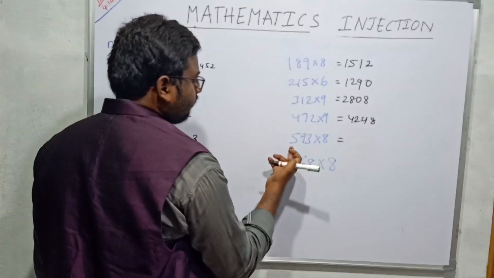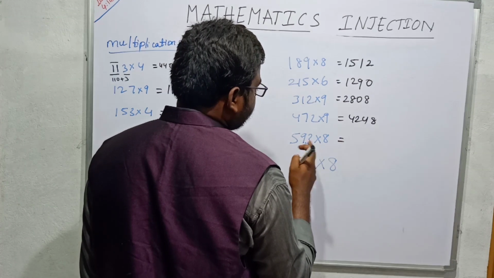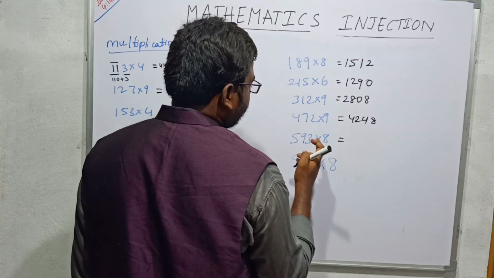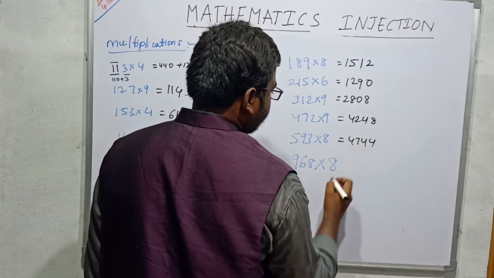So 8 5s are 40. 8 9s are 72. 472, and 8 3s are 24. 472 plus 2 is 474, and 4 will be the unit digit.